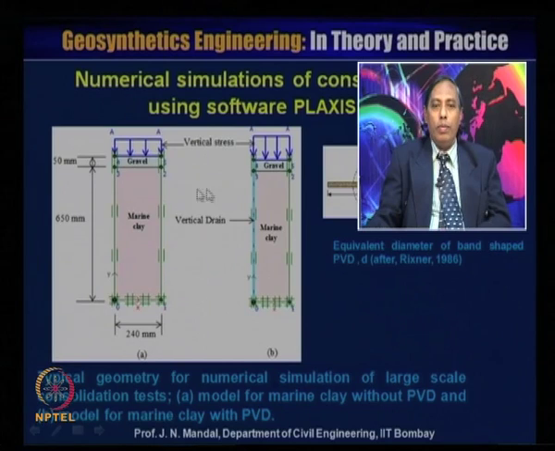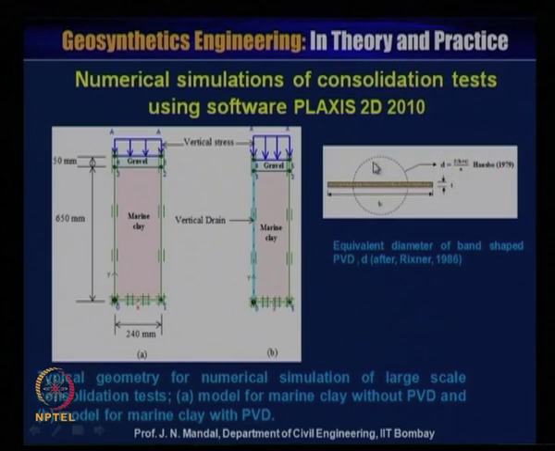Okay. So, we want to see the behavior of the prefabricated vertical drain when it comes in contact with the marine clay. Another important point is the equivalent diameter of the band-shaped PVD, after Rixner 1986.